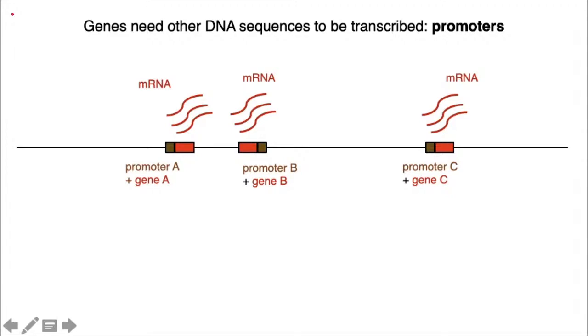The genes themselves are not responsible for their own transcription. So they need other sequences that help them to be transcribed. The first one I wanted to introduce here is the promoter element, promoters. So every gene has a promoter, a relatively short sequence that is next to it, and it controls the activation of the gene.